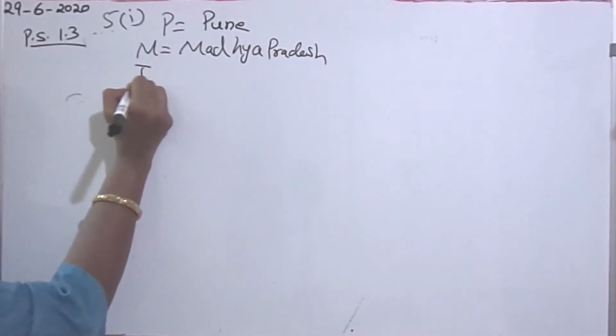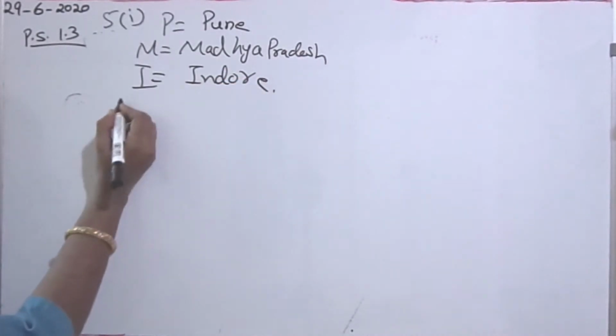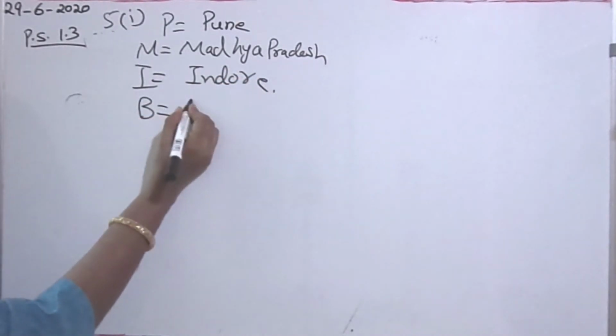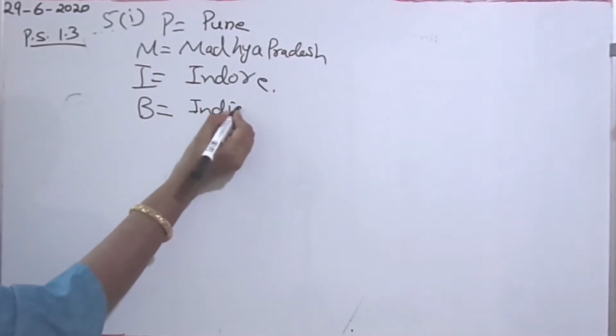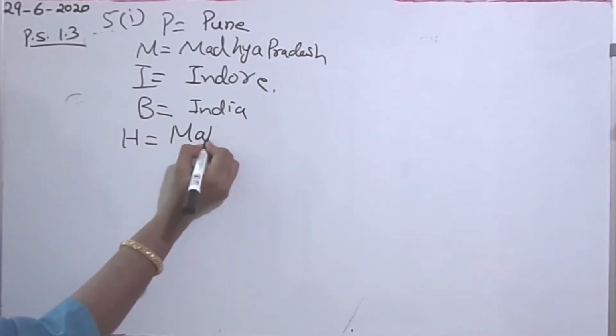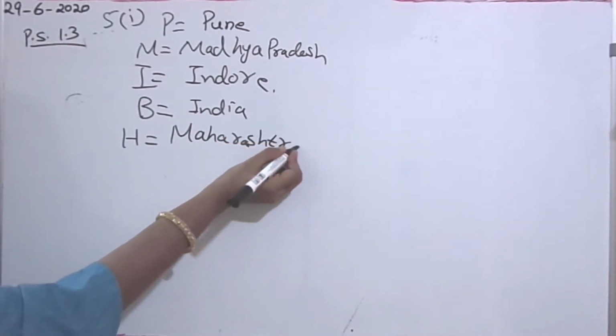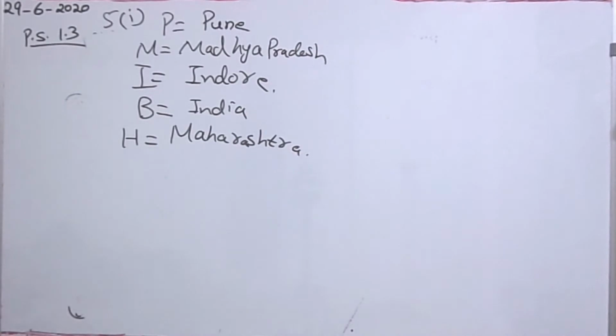I is the set of all residents of Indore. B is the set of all residents of India. H is the set of all residents of Maharashtra. Okay, so they are asking you to write the subset relation between the sets.